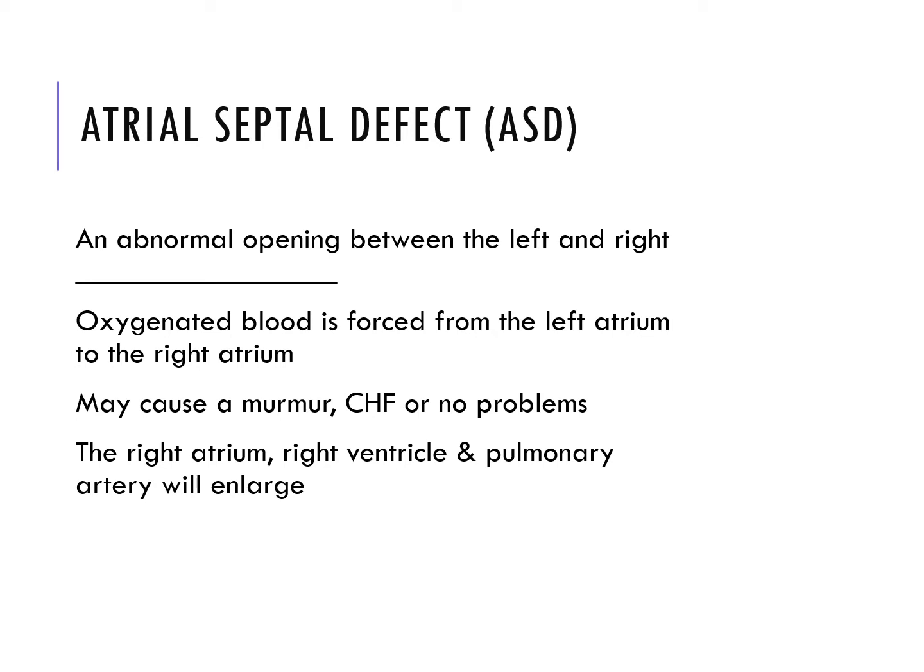This may cause a murmur, congestive heart failure, or they may have no symptoms or no issues. The right atrium, right ventricle, and pulmonary artery will be enlarged. And what could be the problem here? If you remember your 5 adaptations, the foramen ovale may not be closed.